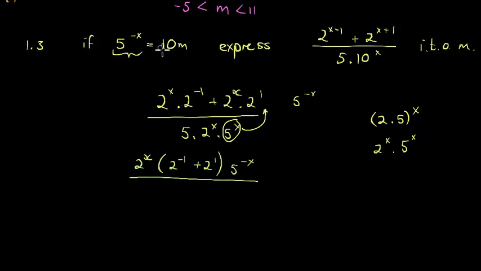Because then we have that 10m that I'm trying to replace. At the bottom I'm just left with 5 times 2 to the power of x, but this one and that one are going to cancel. Here 2 to the power of negative 1 is a half, plus 2, that's 2.5.